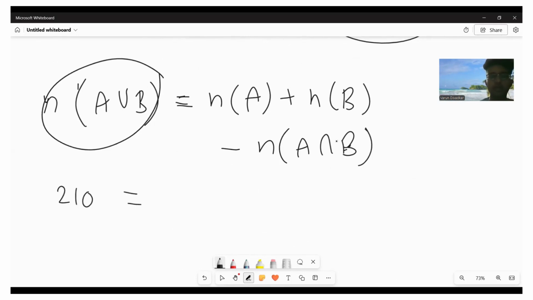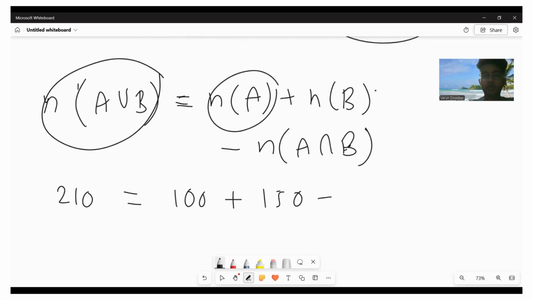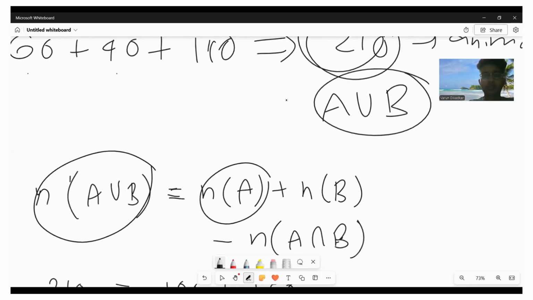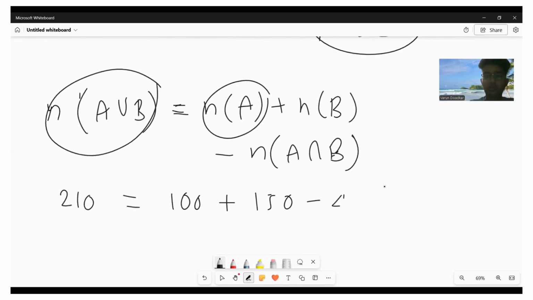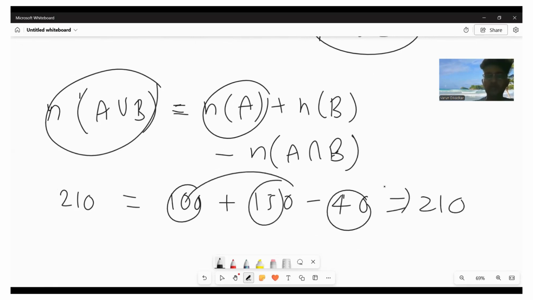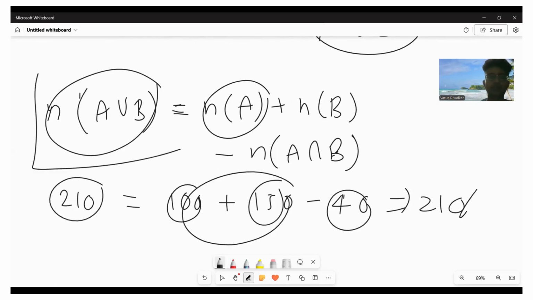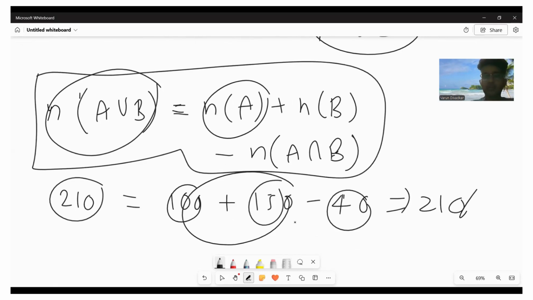This should equal number of elements in A, which is like 100, plus number of elements in B, which is like 150, minus number of elements in the middle cell, which is 40, right? So 100 plus 150 minus 40 comes to 210, 250 minus 40. So this equals this. So this formula is verified, right? So that's about union and intersection, right?